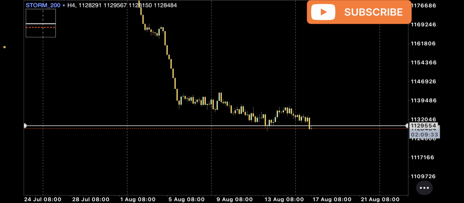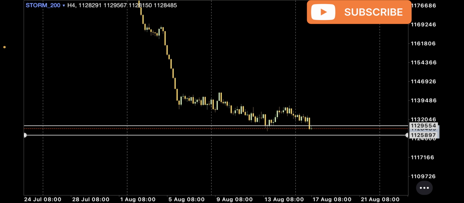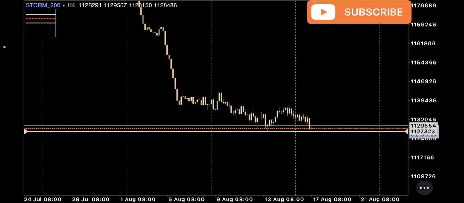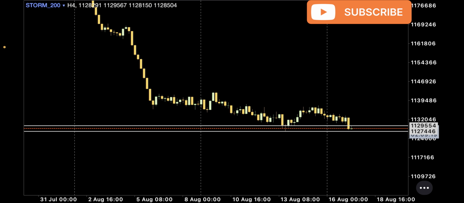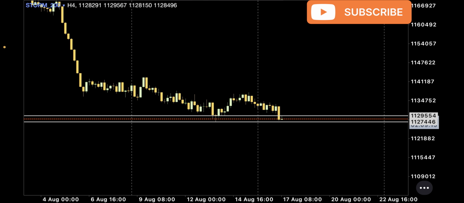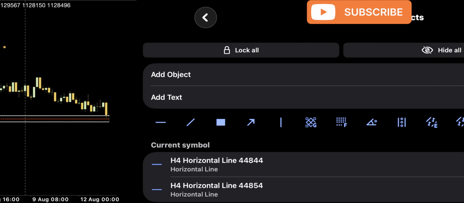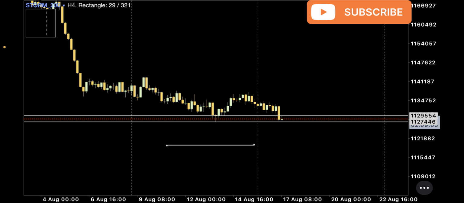Look at how I'm marking out my zone. I make sure that I cover every wick. I'm using the horizontal line because it works easy with me, so that I can see every detail of the candlesticks. You can also use the rectangle box to draw your zones.